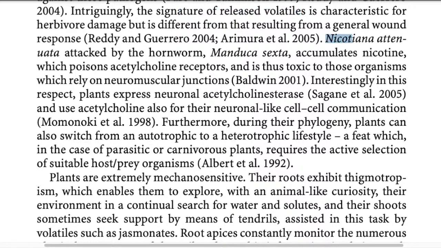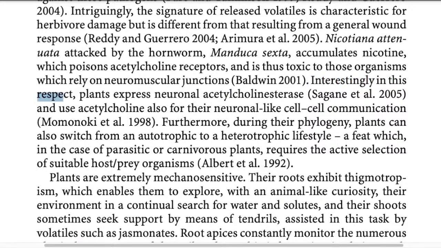Okay, so nicotine, this plant here, attacked by the hook hornworm, this guy, accumulates nicotine, which poisons acetylcholine receptors and is thus toxic to those organisms, right? Which rely on neuromuscular junctions. So that means it paralyzes them. In plain English, I guess.